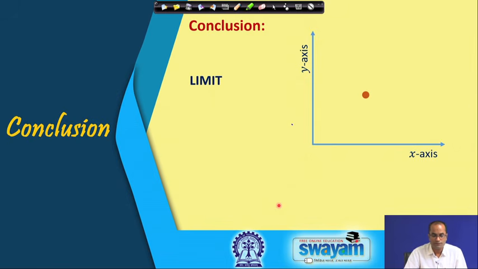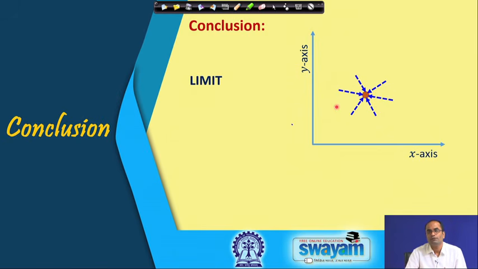So, what we have seen today is that we can evaluate the limit in the case of two variables, but we have to be careful, because in the x-y plane we can approach a particular point from several directions, while in the case of one variable we had only two directions, from the right hand side and from the left hand side, but now we have infinitely many directions.